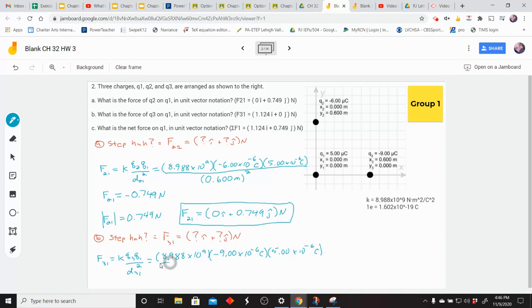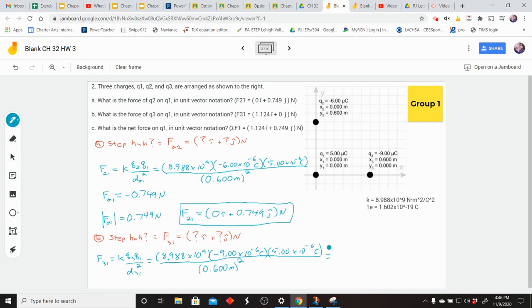And all of this is getting divided by the distance from 3 to 1. So what's the distance from here to here? Check out the coordinates here. It's going to also be 0.600 meters. And that gets squared. Don't forget to square it. So if you do all of this, what do you end up with?